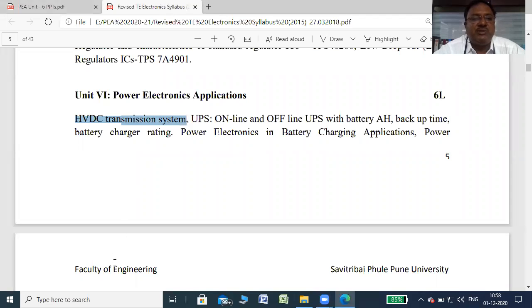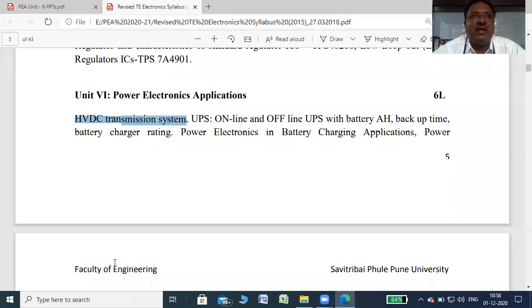In the HVDC transmission system we have seen, conversion of AC into DC is done by using an AC to DC converter. After that, using some filter and then a DC link, the energy is transferred from one place to another place.